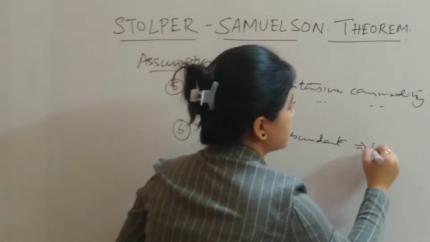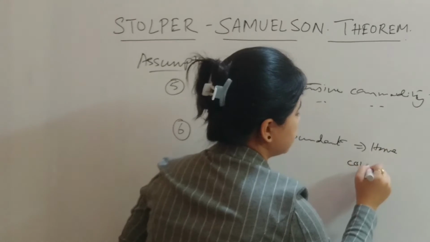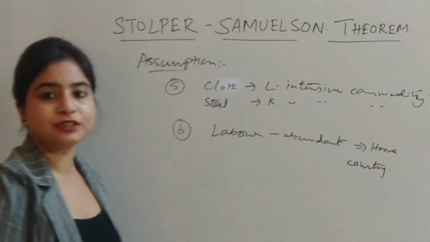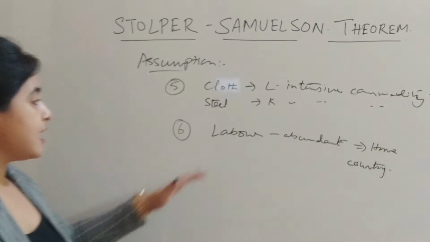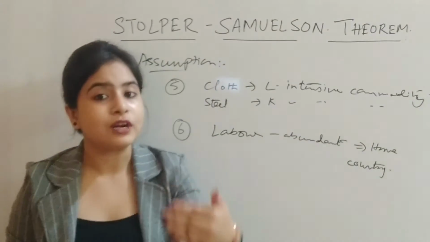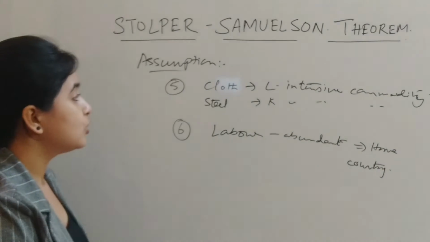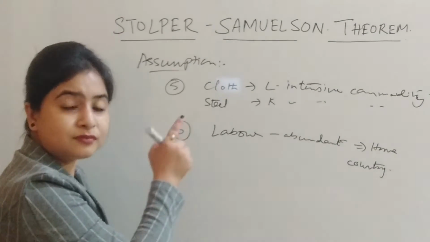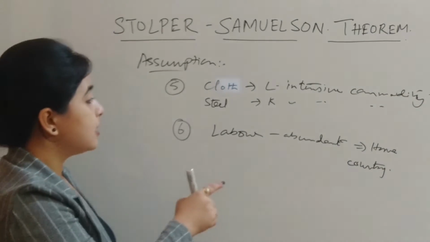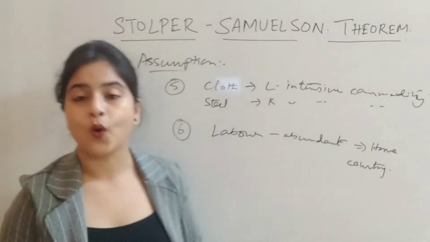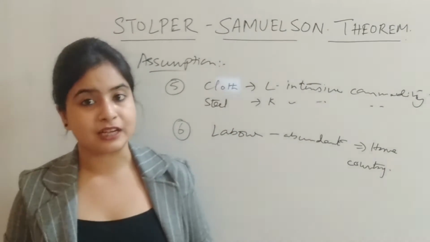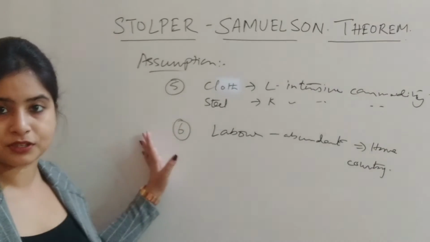This is for the home country. That means the other country, the foreign country, is capital abundant. So here it talks about the abundance of the factors in the home country and in the foreign country. So this is about the sixth assumption.